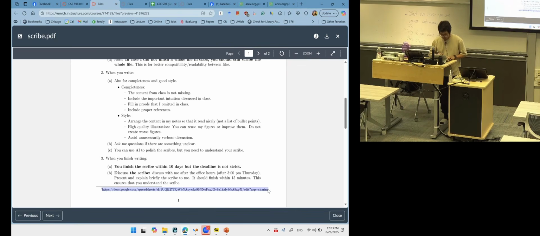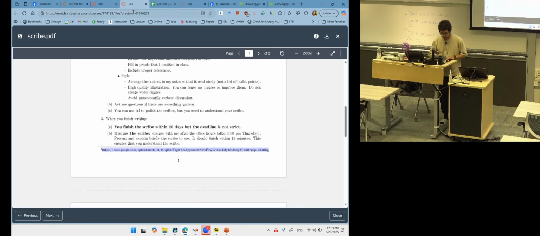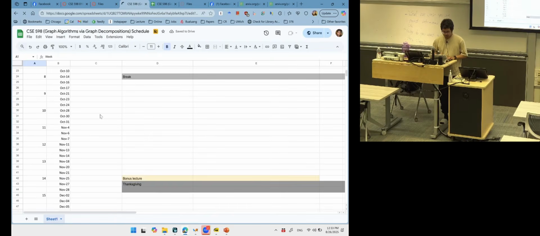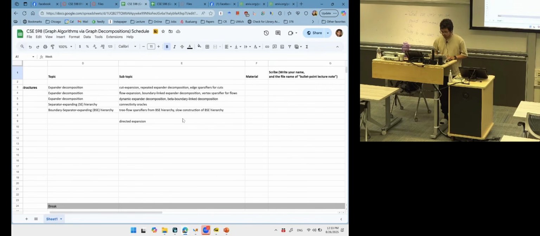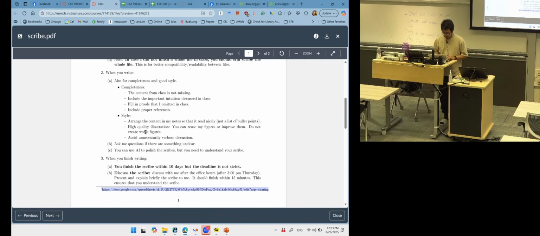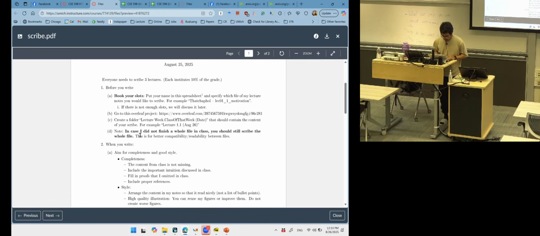You can go to the website, and maybe I'll just go here. These are basically the slots, and you can put your name here. Then you can go to the Overleaf project, which I already made.